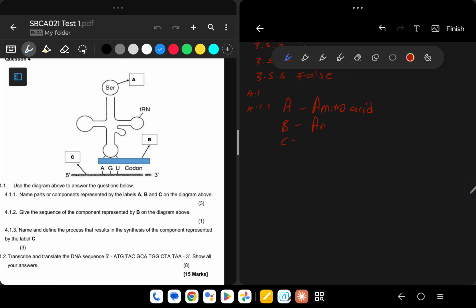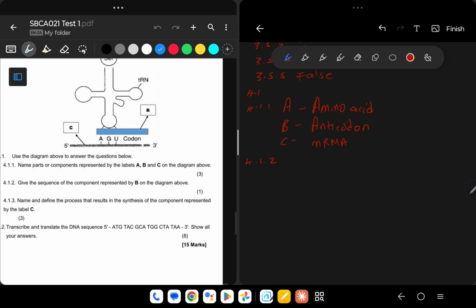So that is the anticodon. And then what about C? C is the mRNA, of course. mRNA. That's it.